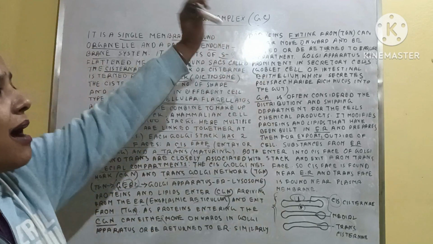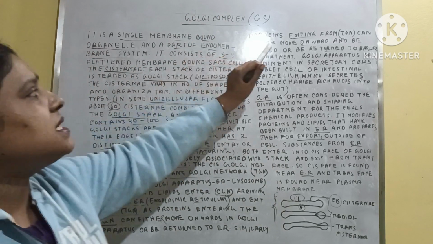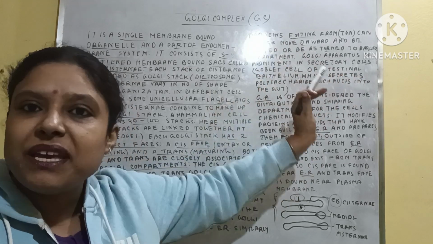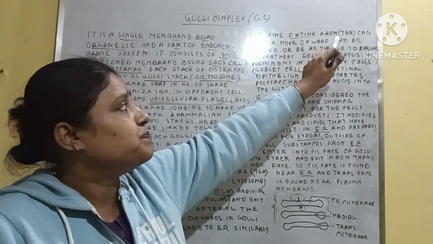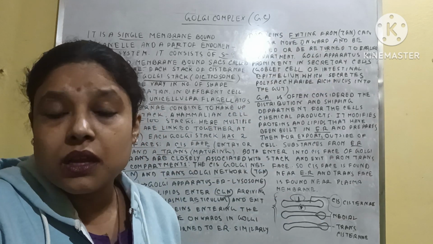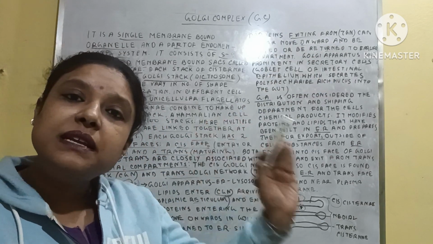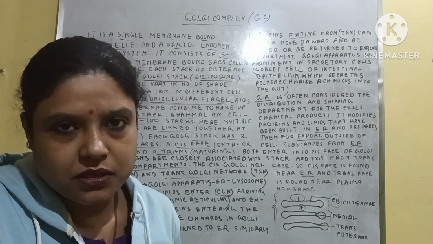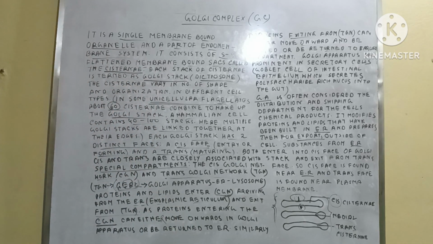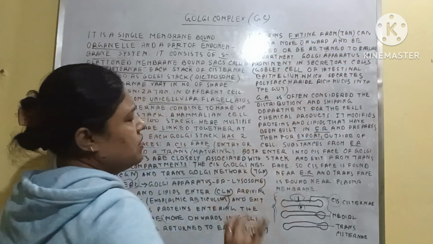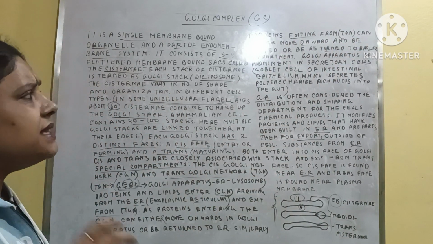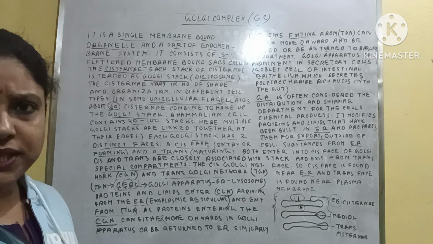After maturation, it either comes out through the TGN, or trans Golgi network, or it remains within the Golgi apparatus. Clear? And after coming from the TGN of the Golgi apparatus, it is sorted.